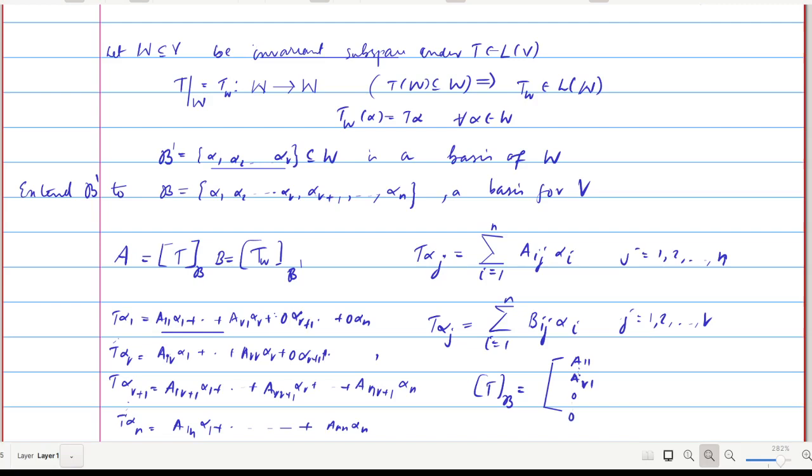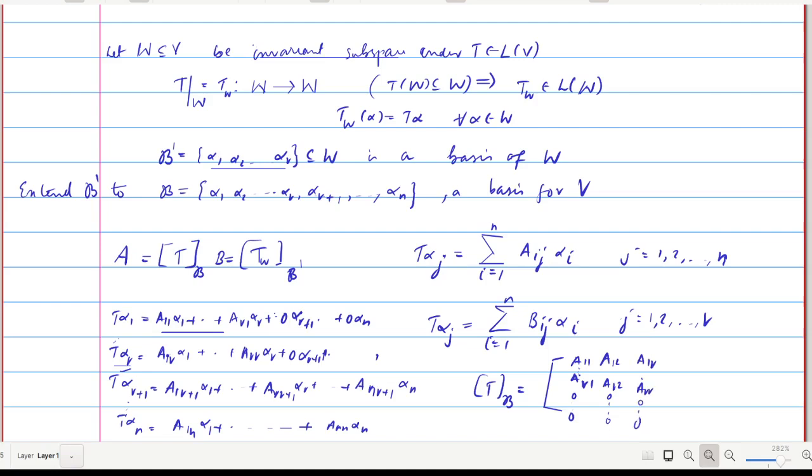That means we collect these coefficients. So we have A_r1 here, and all these other coefficients are 0. Next we have A12 etc. A_r2 from the second, and the rest of them are 0. And from T of alpha r, we have A_1r etc. A_rr, and the rest of them are 0.